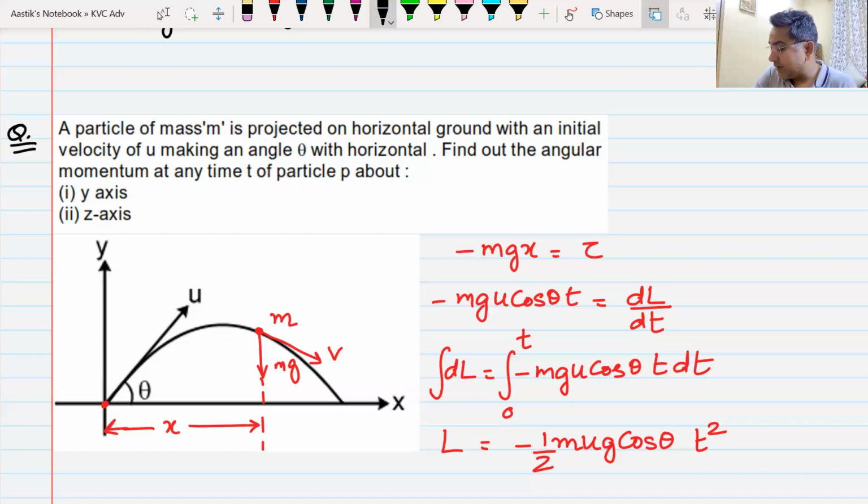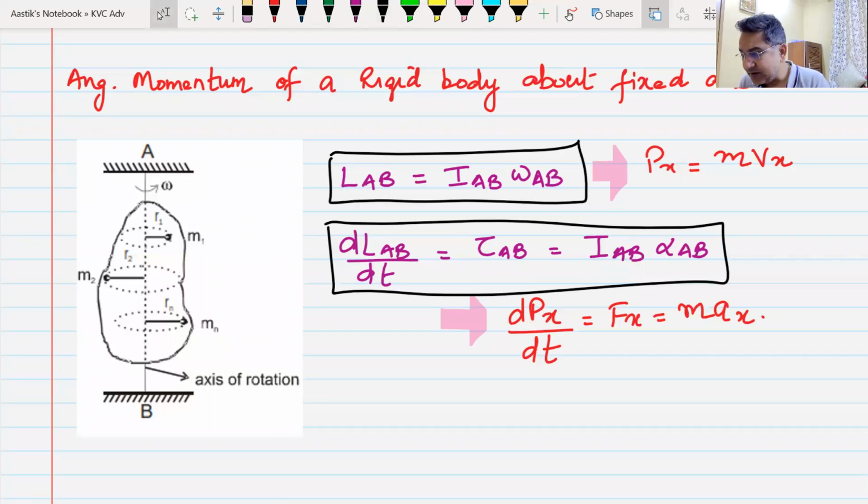We had seen that angular momentum of a rigid body about a fixed axis can be written as I into omega, but remember it's an axial equation. It can only be written along the axis of the rotation. I hope you remember this, yes or no? Yes, sir. Okay.